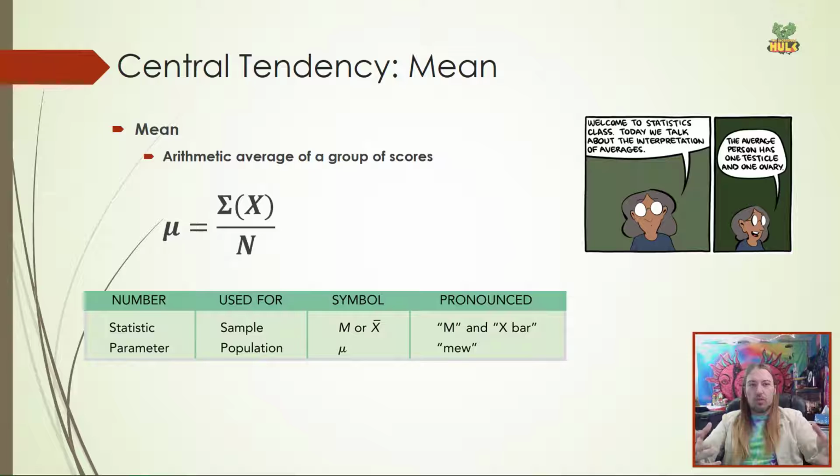So add all of those heights together, and then divide by N. In statistics, capital N refers to the number of individuals in that population. Lowercase n is for samples, the number of individuals in that sample. Okay, so it's really easy. You've done this a million times. You add up all the scores, you divide by the number of scores, you get the mean, you get the average.